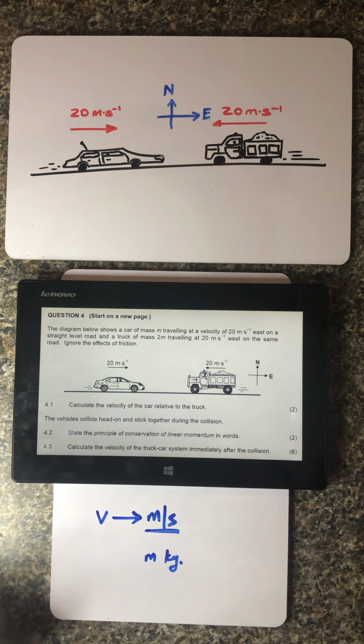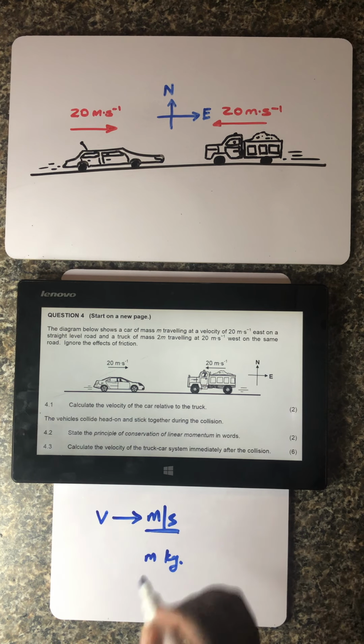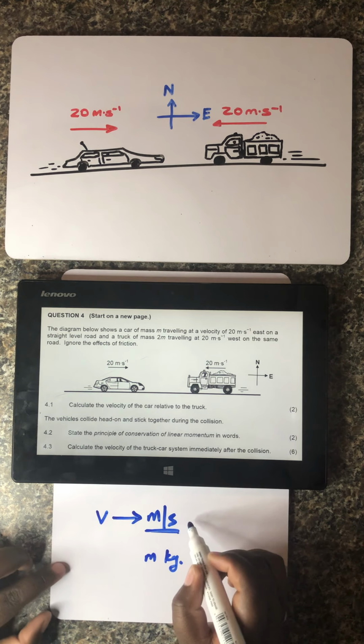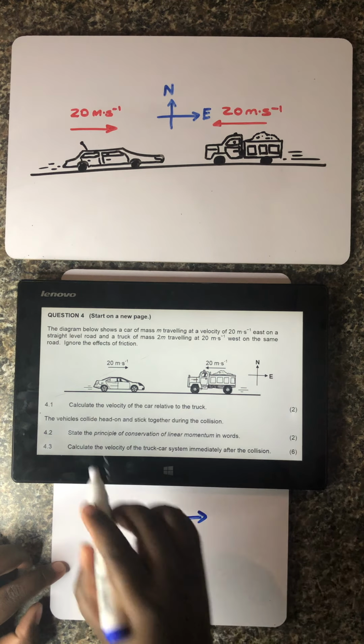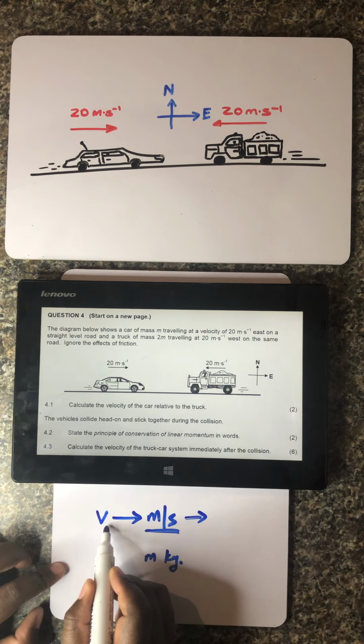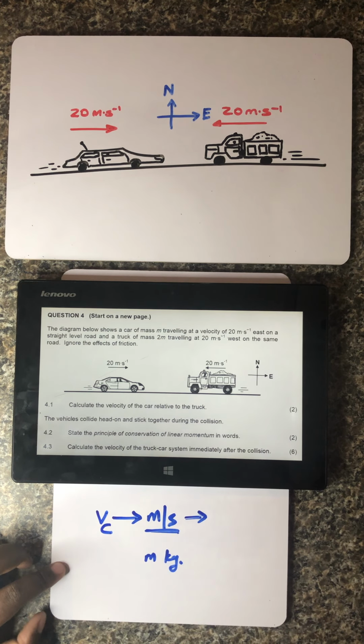Ladies and gentlemen, ask yourself this question: what velocity are they requesting me to calculate? Very, very much important. So that means they want you to calculate the velocity of the car.